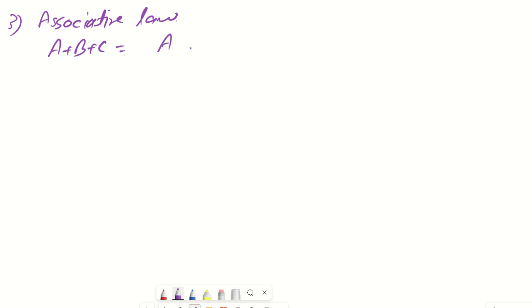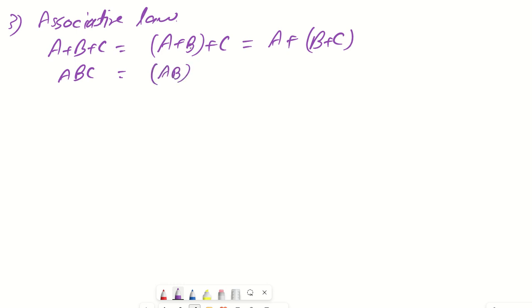So whether you do A plus B and then add the result to C, this is also equal to taking A and then adding the result of B plus C. So this is called the associative law. A similar application will be there for multiplication. Let us say we have ABC, so either you can do AB first and then multiply with C, or you can do BC first and then multiply with A. So this is how it is the associative law.